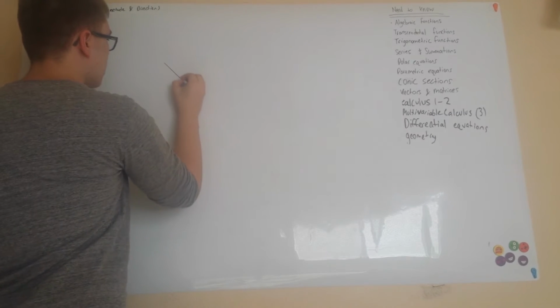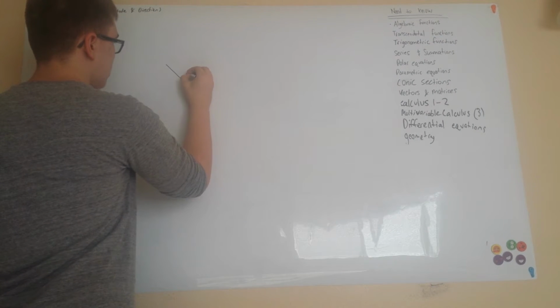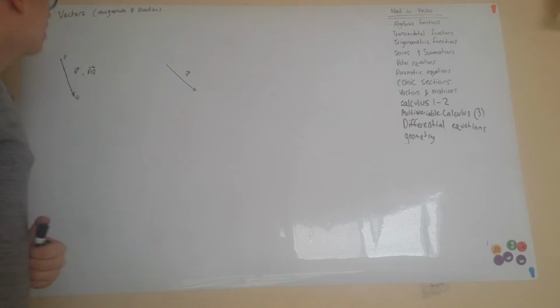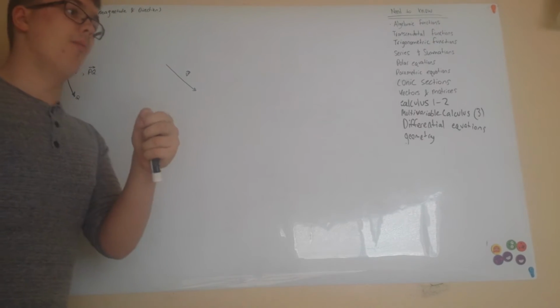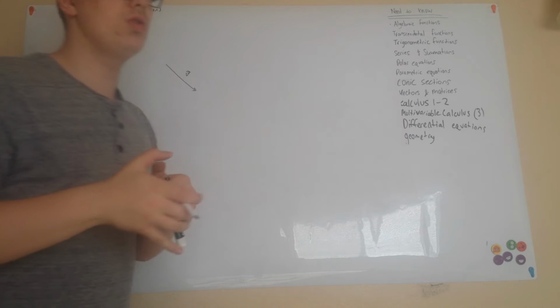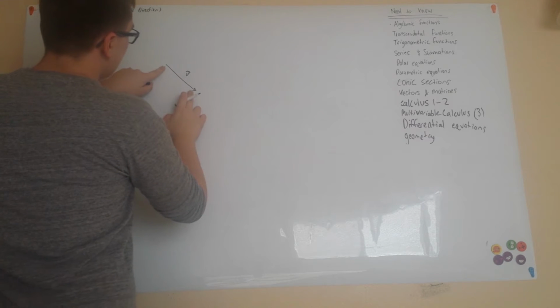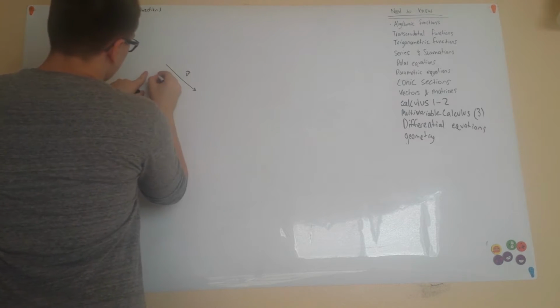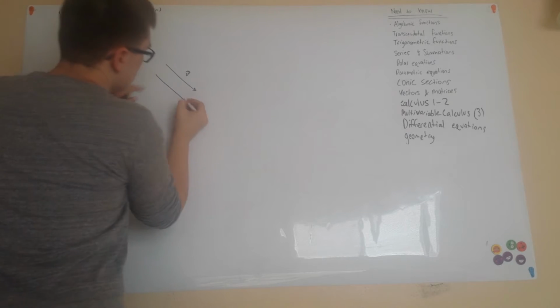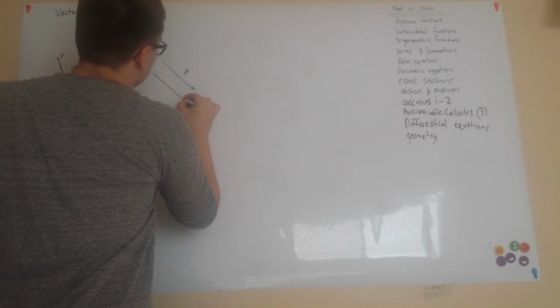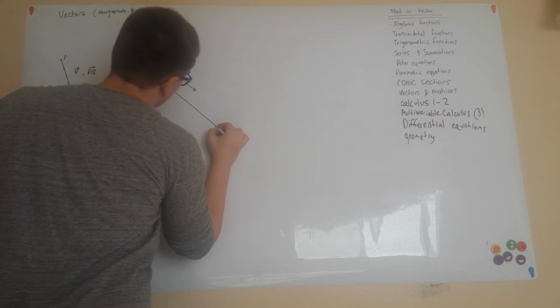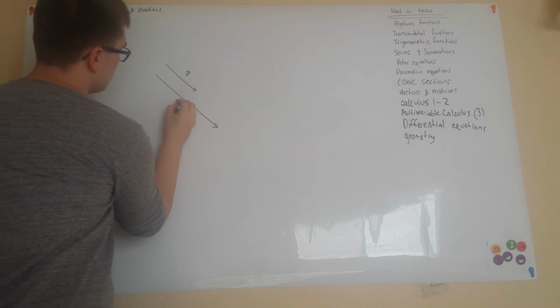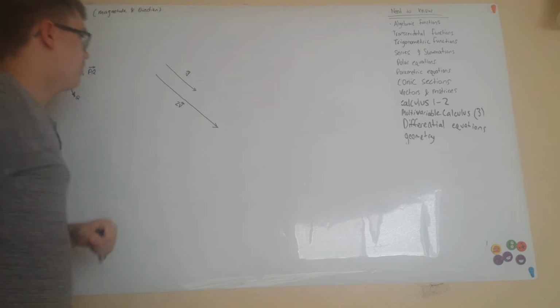So if we just decided to say, hey, if we had this vector v, and we want to multiply it by a scalar of 2, what you're going to do is you're going to have the same vector times 2. So this is 2 times the vector.